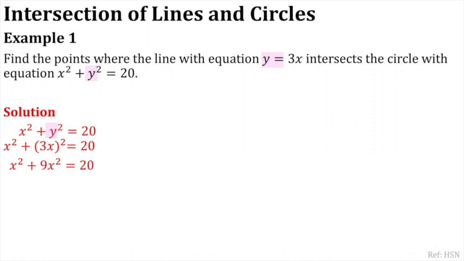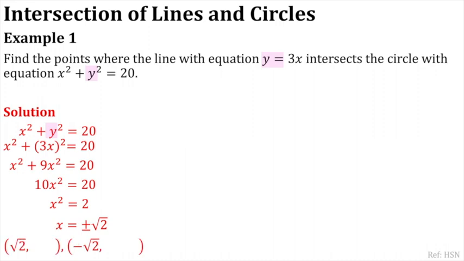That gives us x squared plus 9x squared, which is 10x squared equals 20. Dividing throughout by 10 gives us x squared equals 2. And then square rooting both sides of the equation gives us x equals positive and negative root 2.